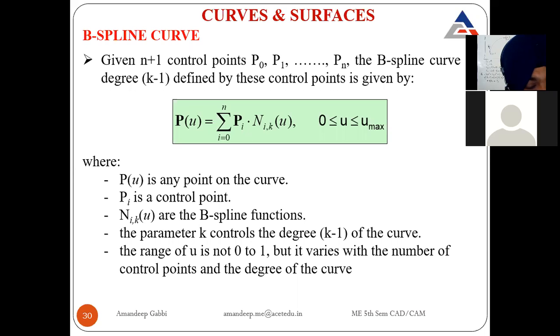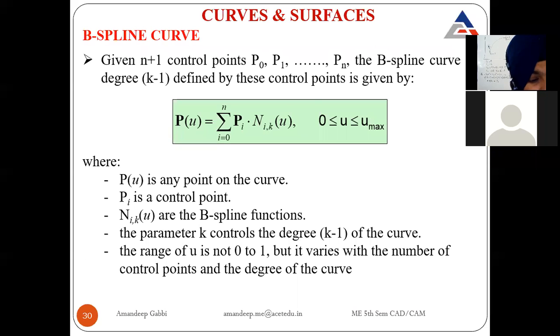This is the equation for the B-spline curve. P(u) is any point on the curve, and Pi is the control point which controls the shape of the curve. Whether you take the point up or down depends on Pi.